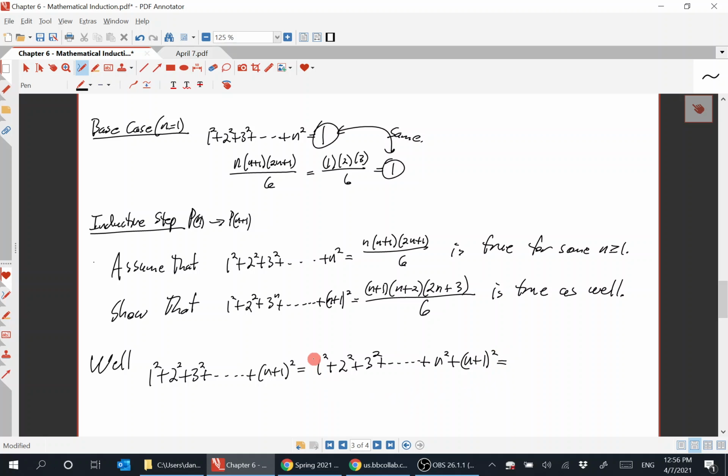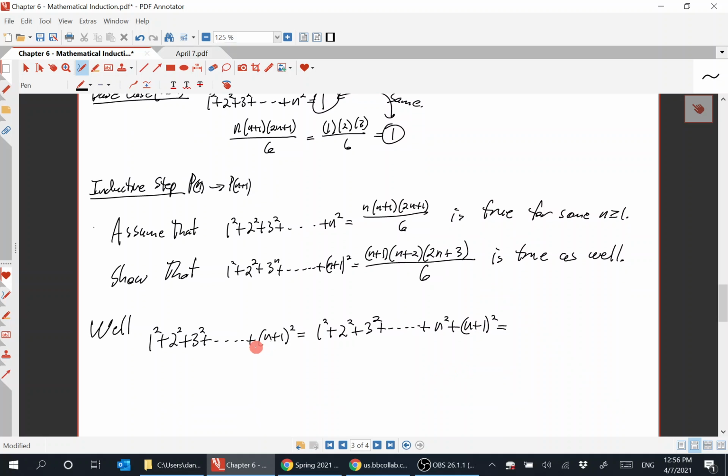Well, the sum from 1 squared to n squared is equal to what? n times n plus 1 times 2n plus 1 divided by 6.